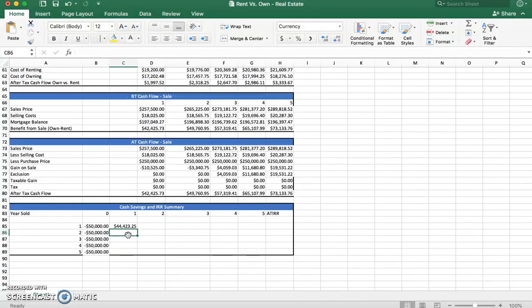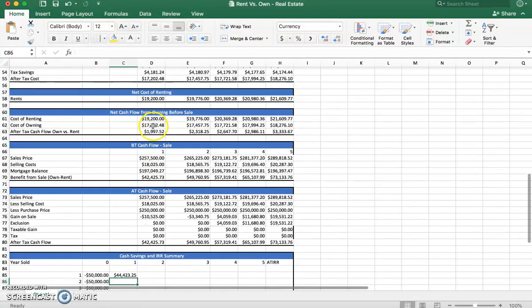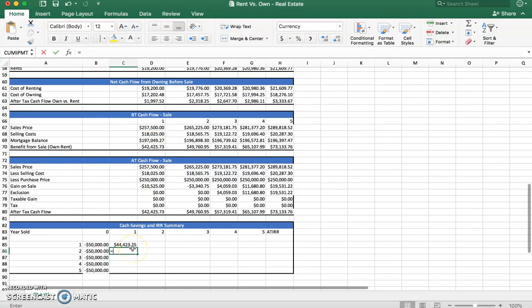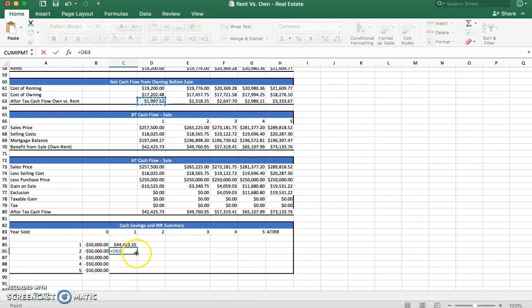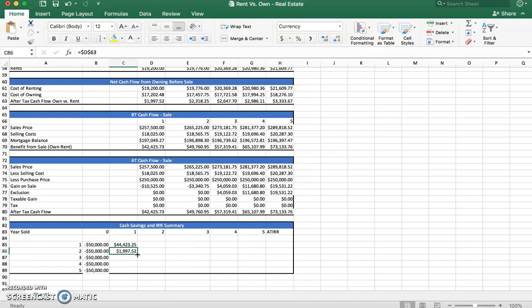And so every year sold after that, it's not going to be quite this number. It's just going to be the after-tax cash flow of owning versus renting. Okay, and then we can lock that up so it stays. And then we'll pull that all the way down. Awesome. Alright, so that's year 1.